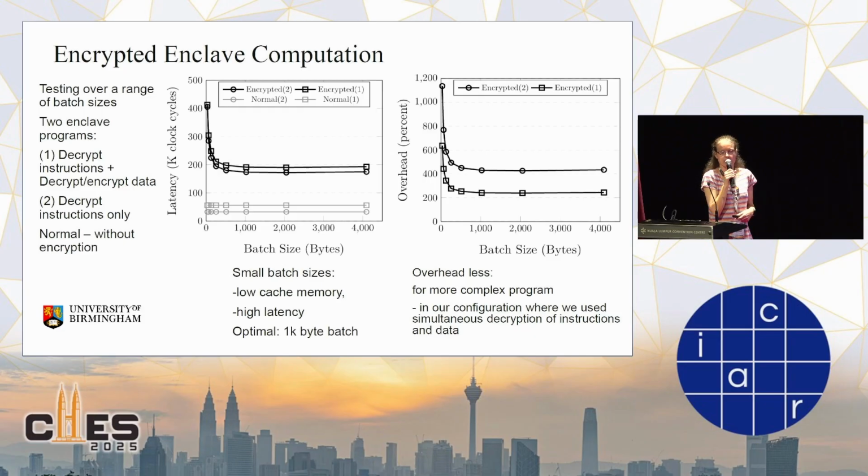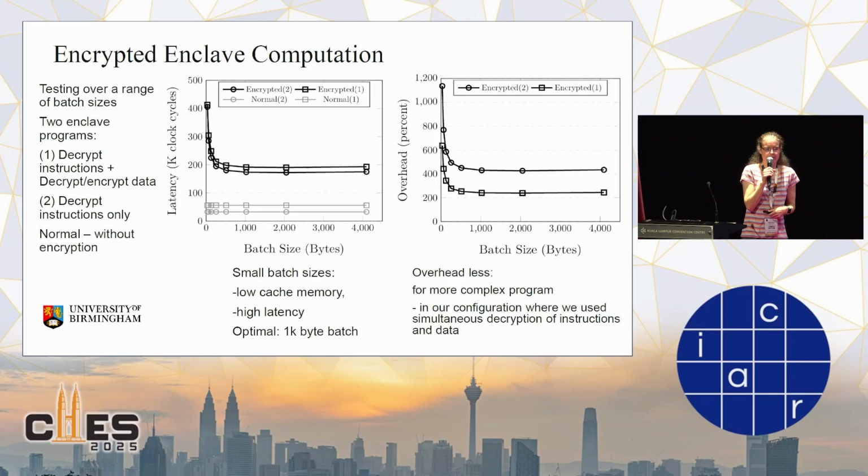We can see that for very small batch sizes, there's a very large latency, and that's because of having to constantly read data from memory and decrypt. We found that the optimal batch size was about 1 kilobyte.